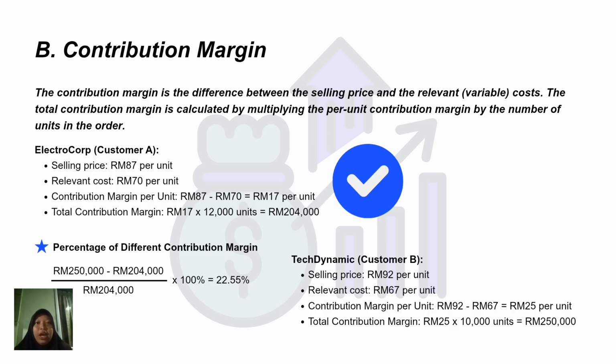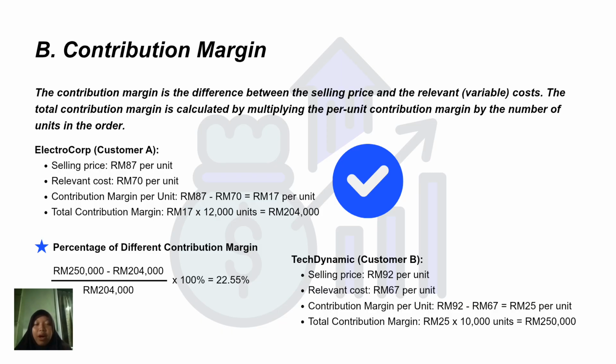Next, we'll calculate the contribution margin for each order. The contribution margin is the difference between the selling price and the relevant cost. The goal is to maximize the total contribution margin, as this directly contributes to covering fixed costs and generating profit.